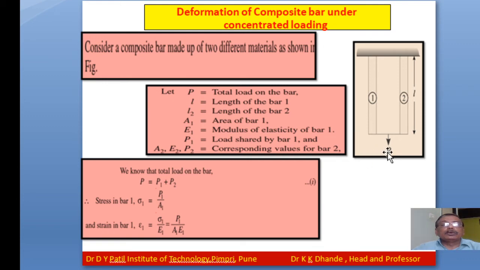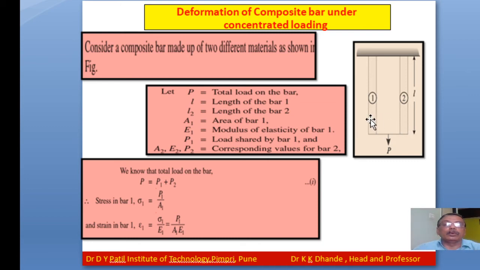The load carried by the first bar is P1 and the load carried by the second bar is P2. So the total load P is equal to P1 plus P2. In this way we can calculate the stress induced in each bar separately.